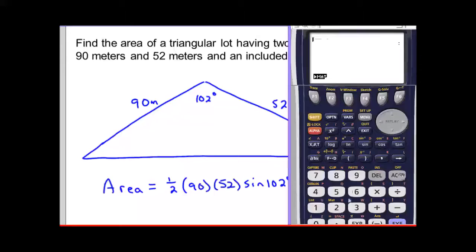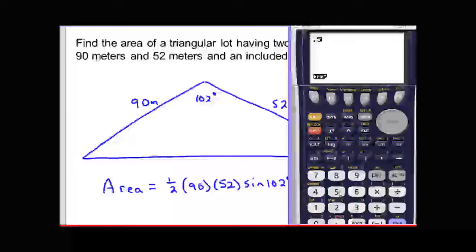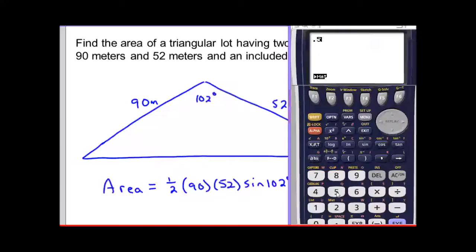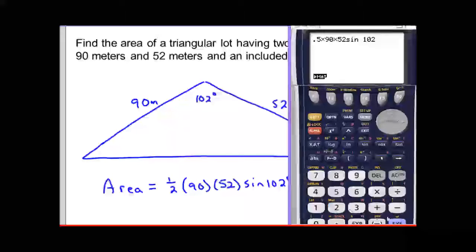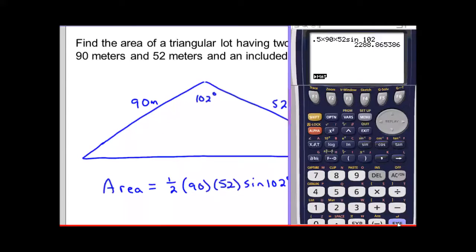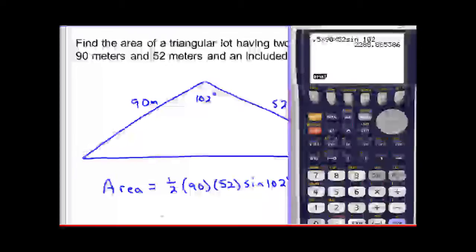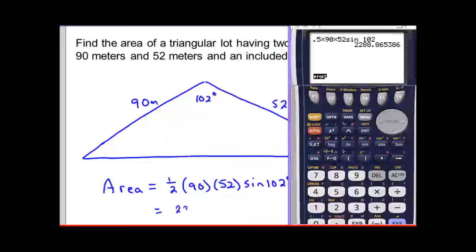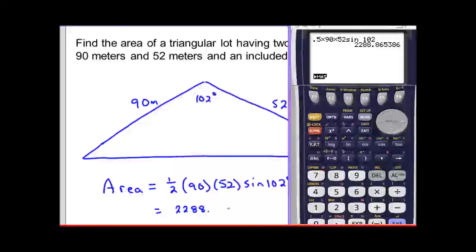So if I do this in my calculator, I like to do 0.5 for 1/2 so I don't have to use the fraction. 1/2 times 90 times 52 times the sine of 102. Area of that triangle is 2,288.865 meters squared.